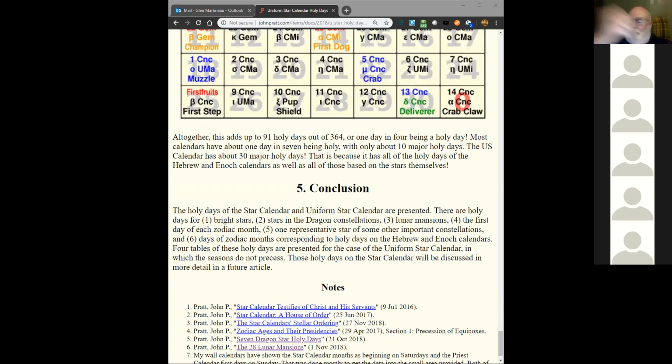And so Passover at the time of Abraham was in Taurus, but Passover at Christ was in Aries, the ram. Passover now is in Pisces, when the Savior came to the temple in 1836. That's Easter Sunday, and it's in Pisces.